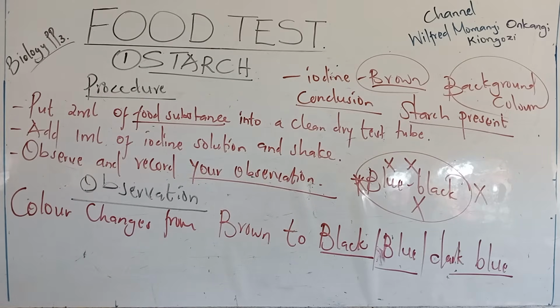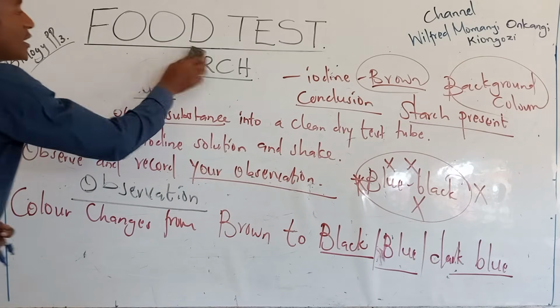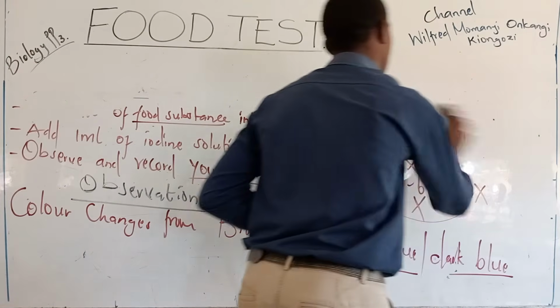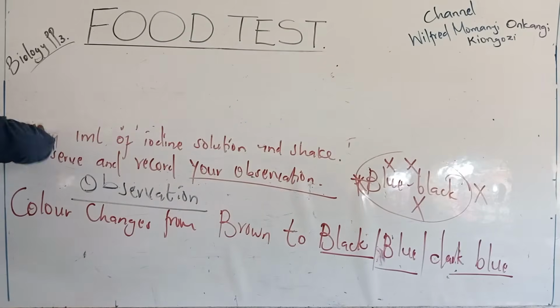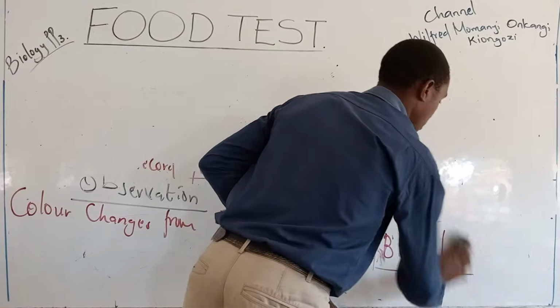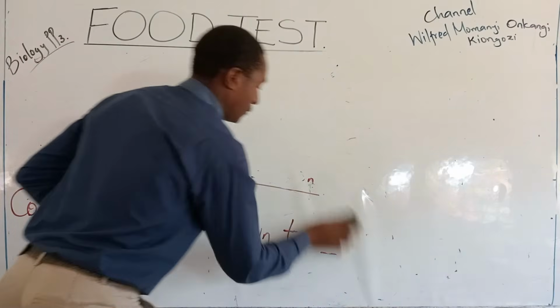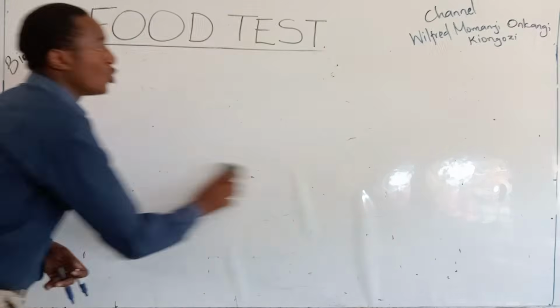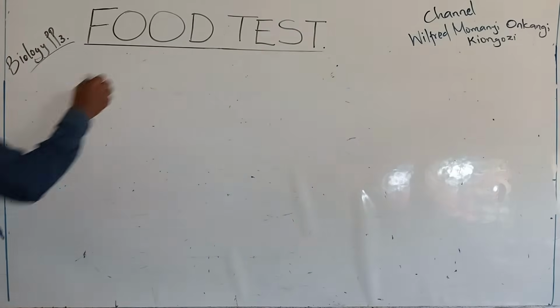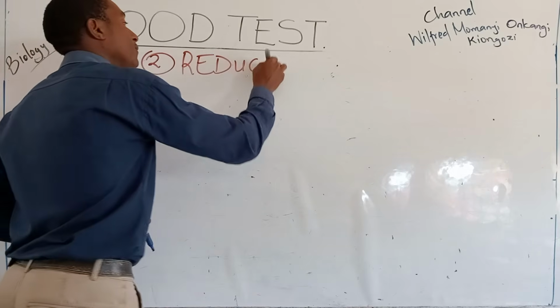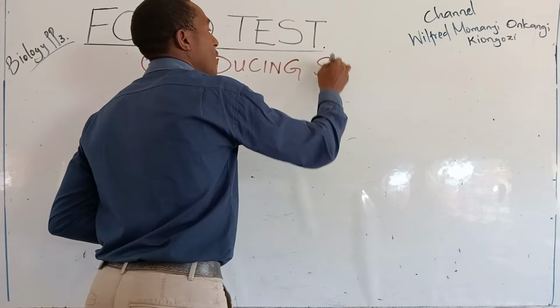We go to reducing sugars. Food number 2, we have 6 of them, so we talk about reducing sugars.